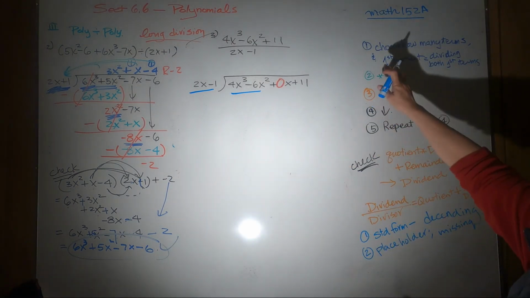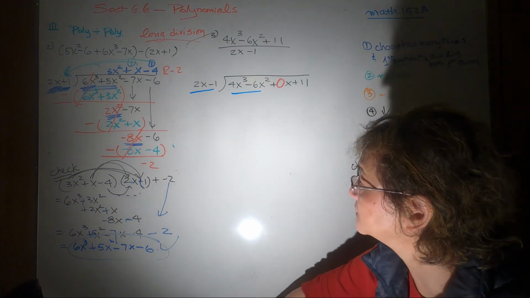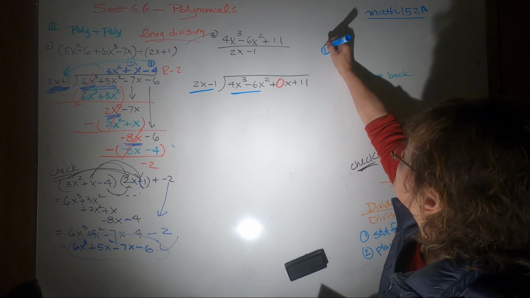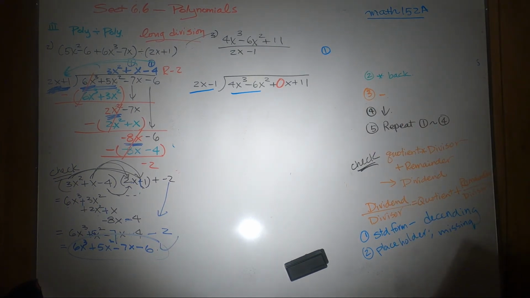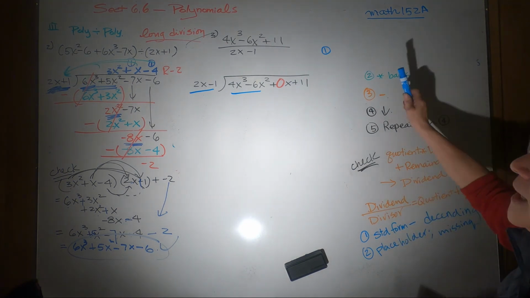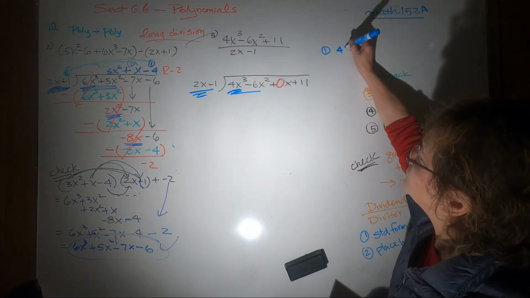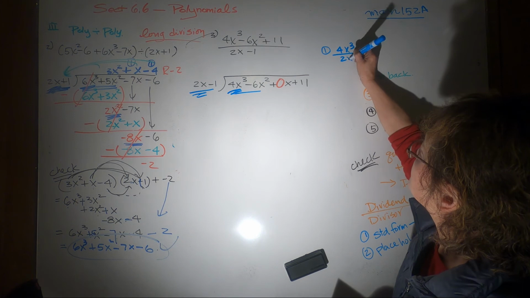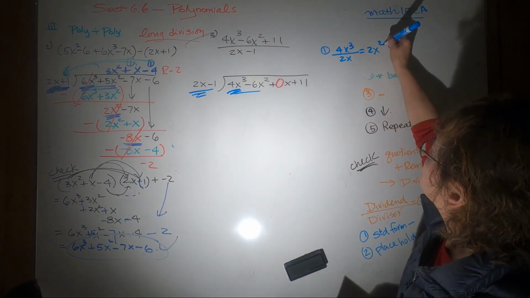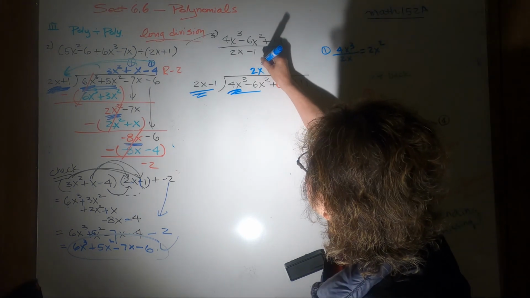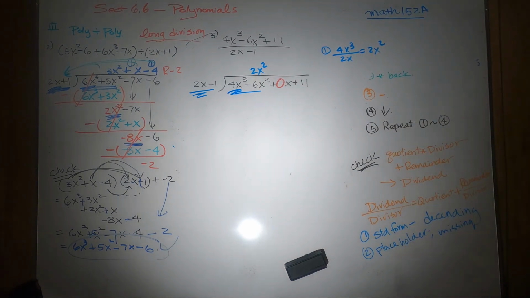Then how do we find the first quotient? You have to compare first to first. So you do the first term divided by 2x, which is 2x squared. Then you line it up here, 2x squared.